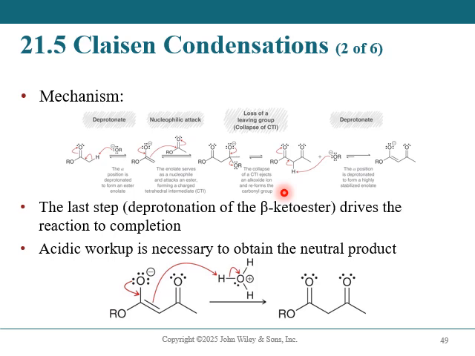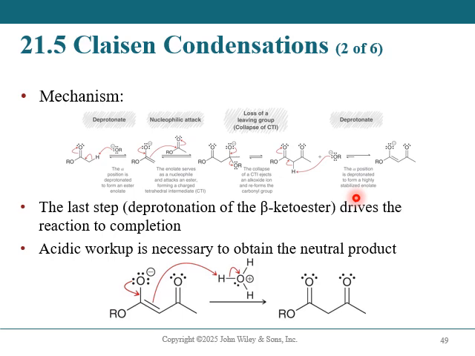This will lead to the ejection, or the loss, of an alkoxide ion and the reformation of the carbonyl group right here. Lastly, we have a deprotonation step in that alpha position. You lose a proton, and then you form the highly stabilized enolate. The last step drives the reaction to completion.